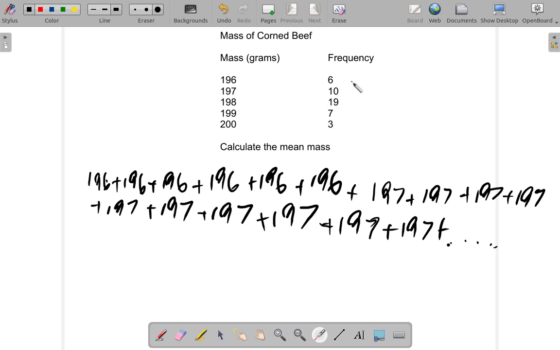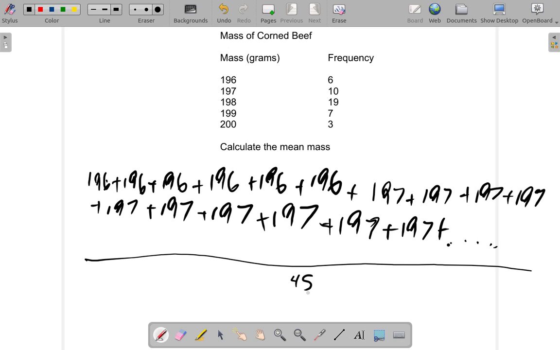What's the total number here? 10 and 6, 16. 16 and 19, 35. 35 and 7 would be 42, and 3 is 45 of them. When you finish writing them all out, all of this is divided by 45. That's what would happen if you should count them one by one.